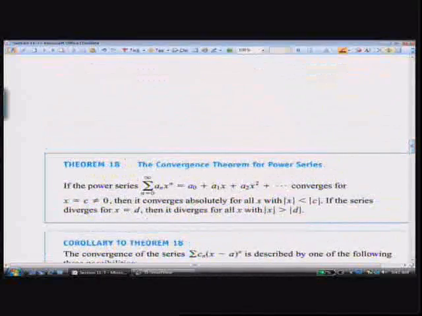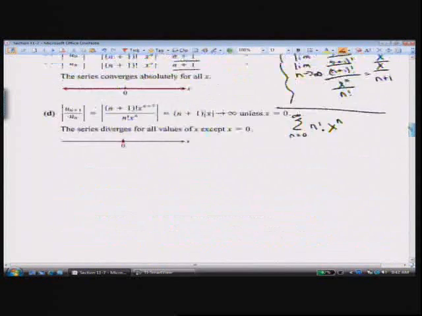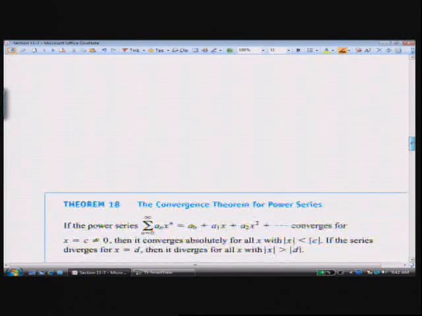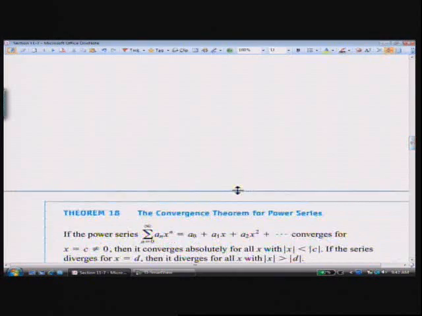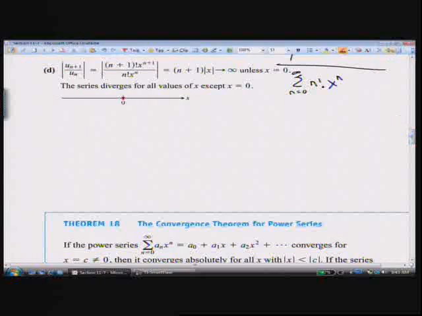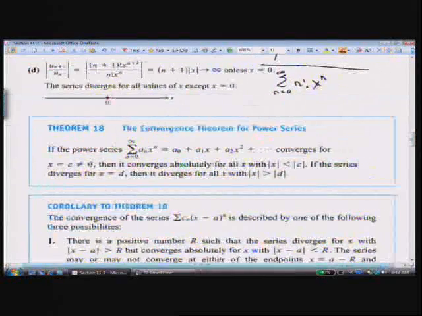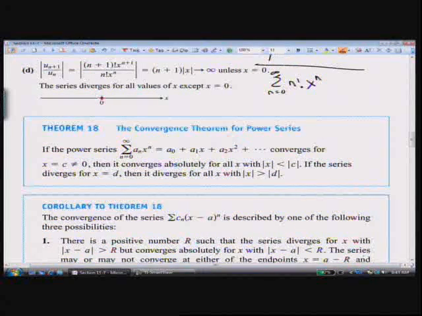Okay. So then we get to some theorems that we're going to look at. Let's see if I can get this to come back up. Okay, we have what we call the convergence theorem for power series.